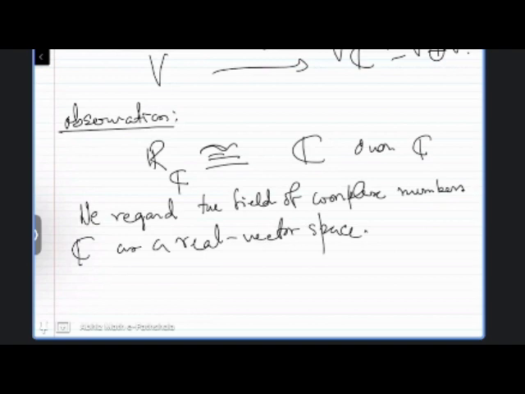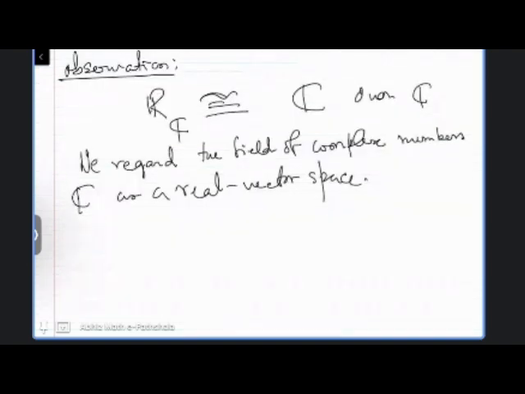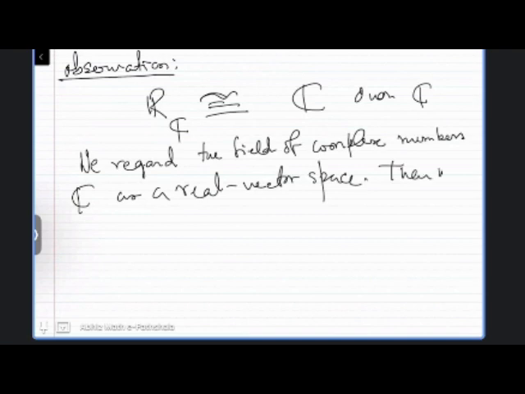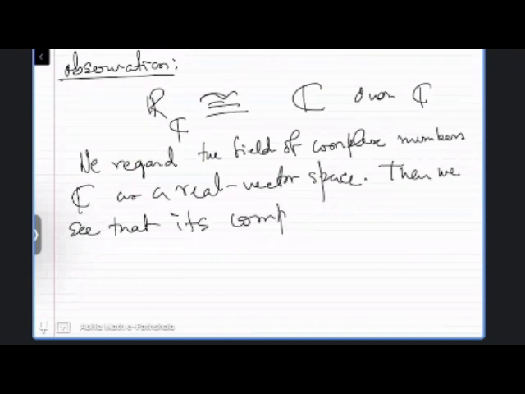Okay, and then you see that its complexification. What would be its complexification? Just representing it in terms of the real notation, C_C.